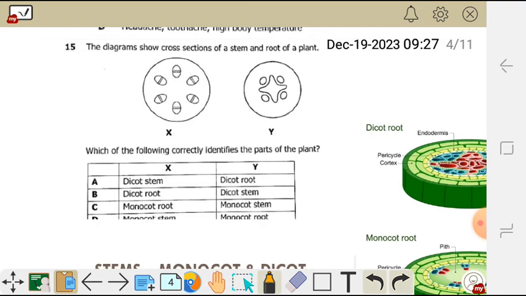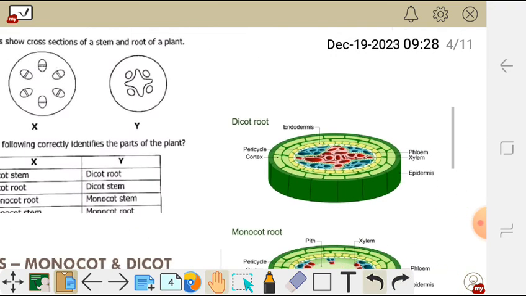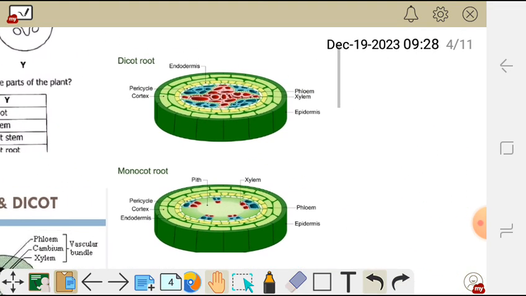So let's first identify these cross sections. They are saying of a stem and of a root. So in a dicot root and stem, you are going to observe these structures which are here. This is a root of a dicot plant. In a cross section of a dicot root, we are going to observe a xylem which is star shaped.